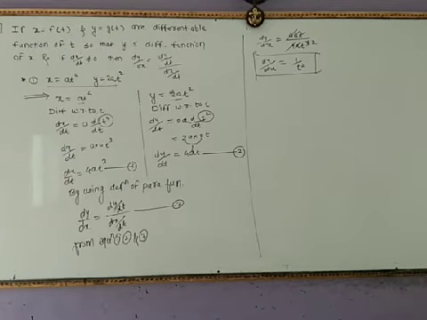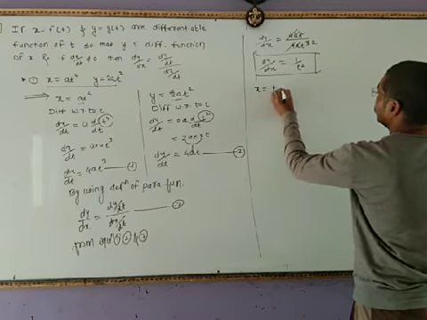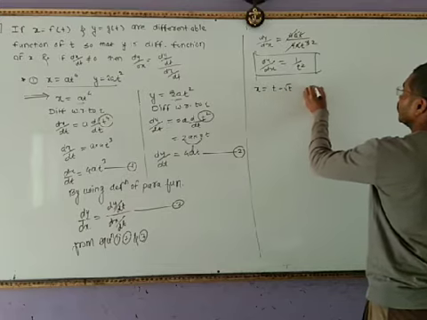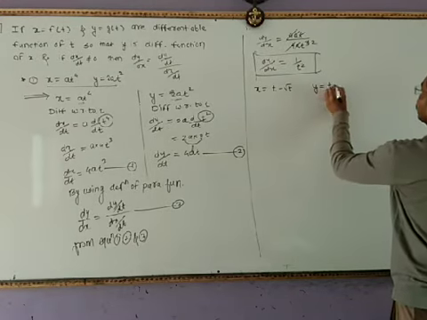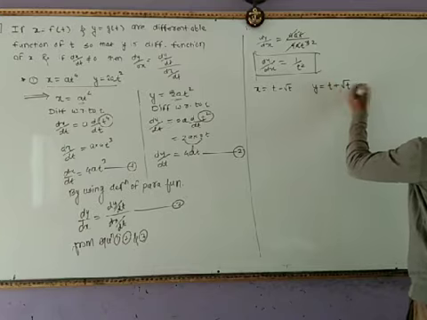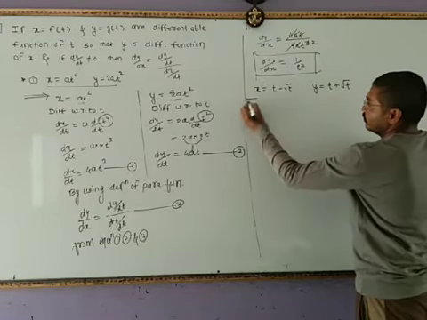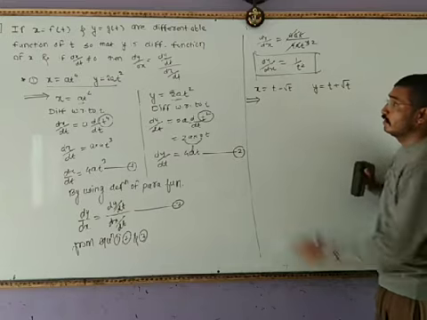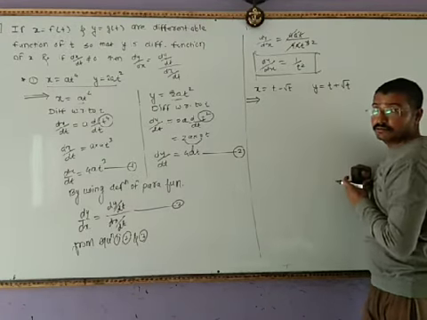Next, x is equal to t minus root t and y is equal to t plus root t. Solution of this: see what we have to do, differentiate with respect to t.